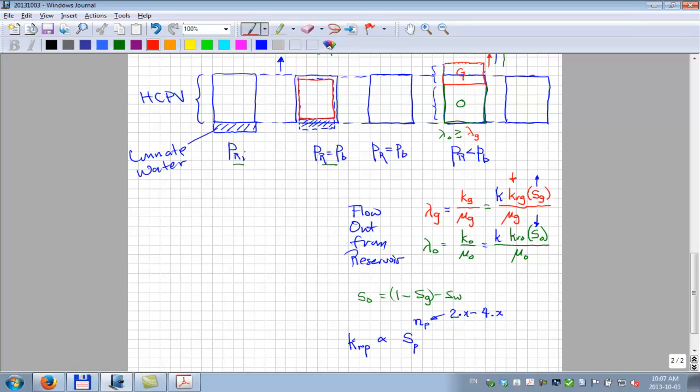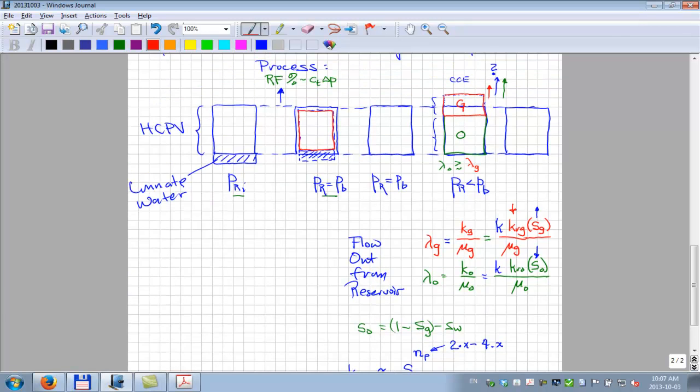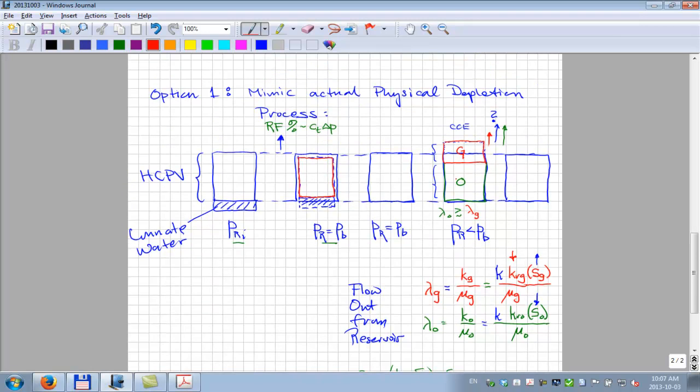And if you tell the laboratory, well, go drop it down, look at the volumes, here's the relative permeability relationship, you would need to know the viscosities ahead of time to find out how much gas to take out and how much oil to take out. Do you all see where this is going? It's too complicated. You don't have enough information. You cannot mimic the actual physical process because the actual physical process is not known.